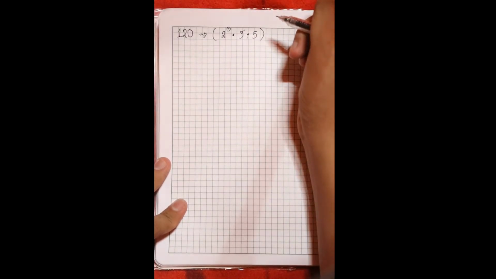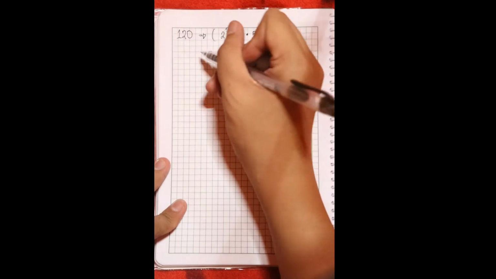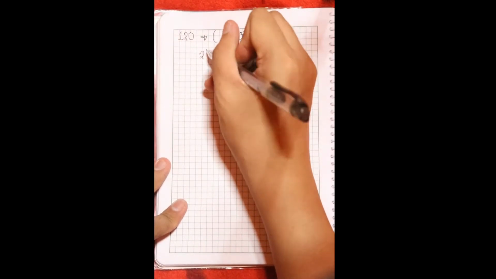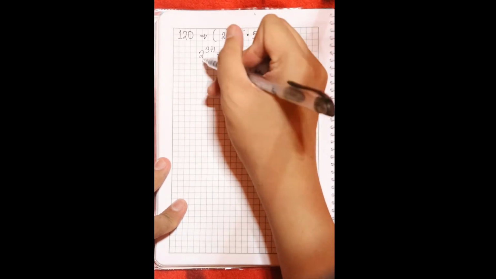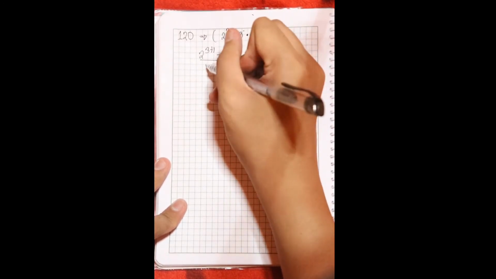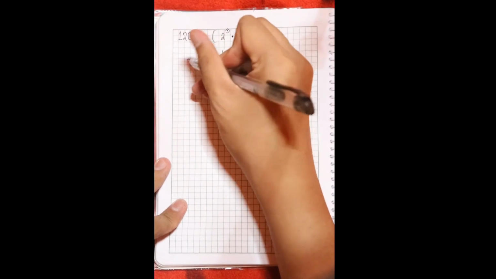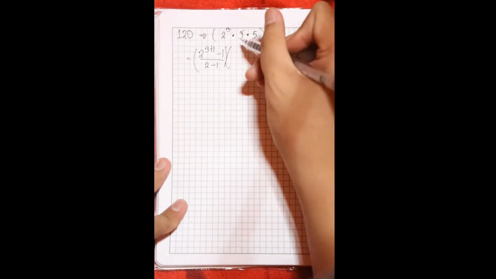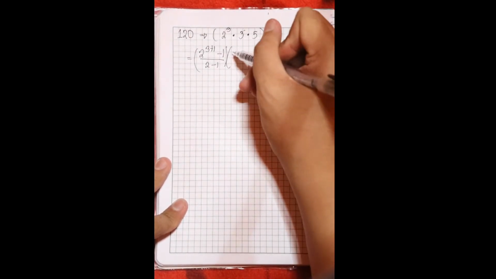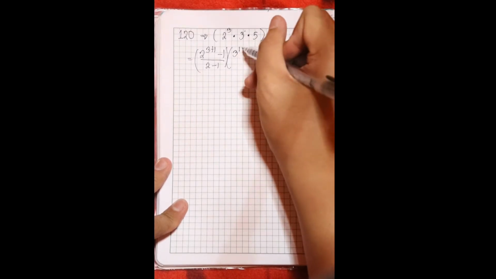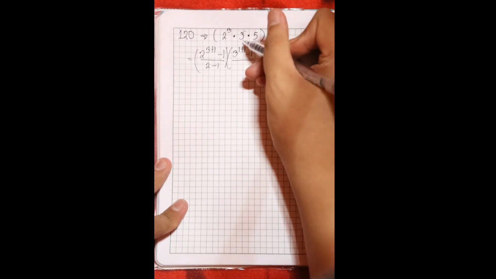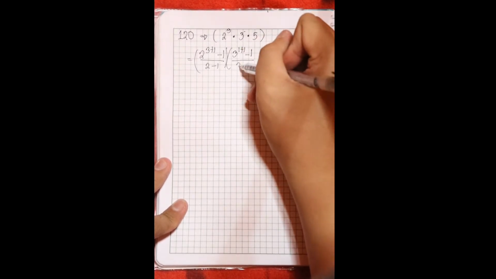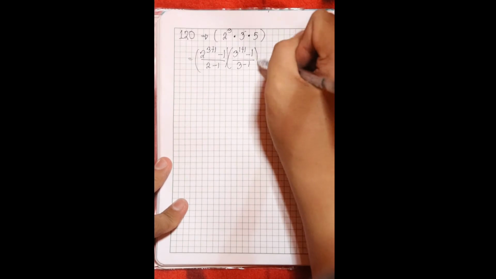So now, to apply the formula, we have 2 raised to 3 plus 1 minus 1 all over 2 minus 1, times 3 raised to 1 plus 1 minus 1 all over the base 3, so 3 minus 1.